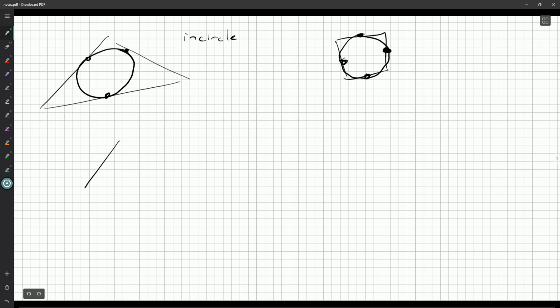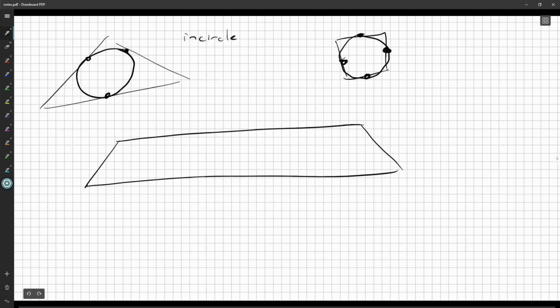But if you imagine something like a really, really long trapezoid, then yeah, I can get a circle over here that touches 3 sides, but there's no way it's going to reach this side and still stay inside the quadrilateral. So that's a possibility that we might have to deal with. Anyway, let's draw this thing and see what we can see.